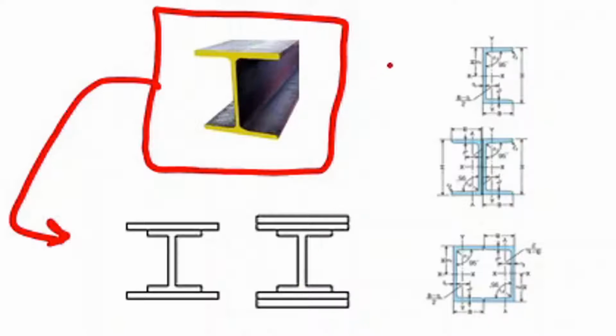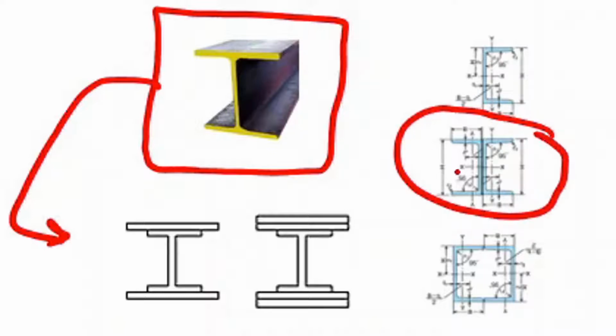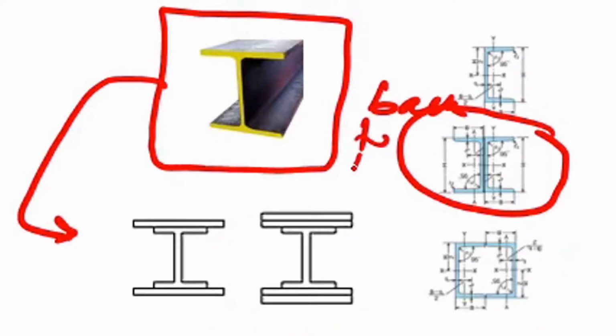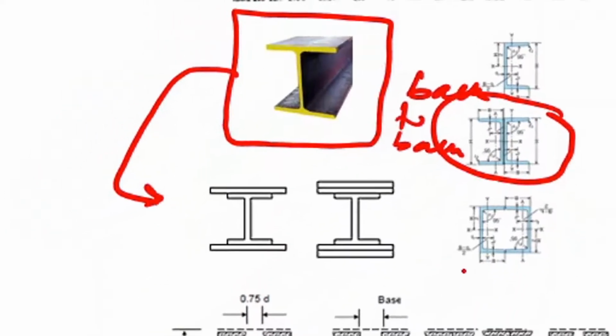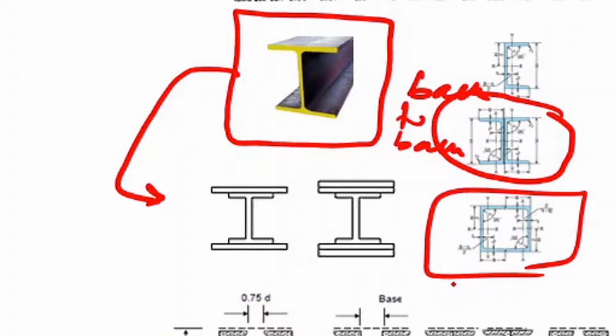Or you can even select two channels and arrange them like this. This arrangement is called back-to-back. This arrangement is called toe-to-toe. You can select two channel sections of the same size and arrange them like this.